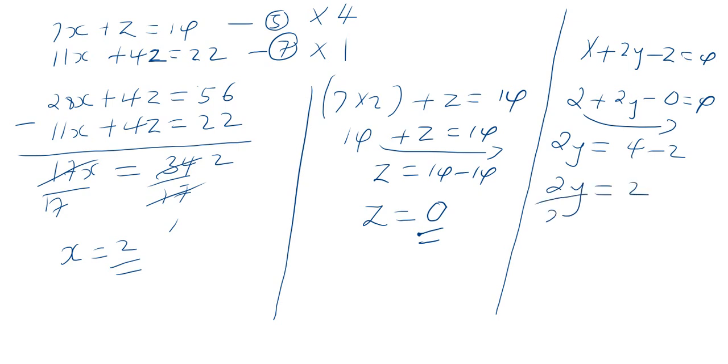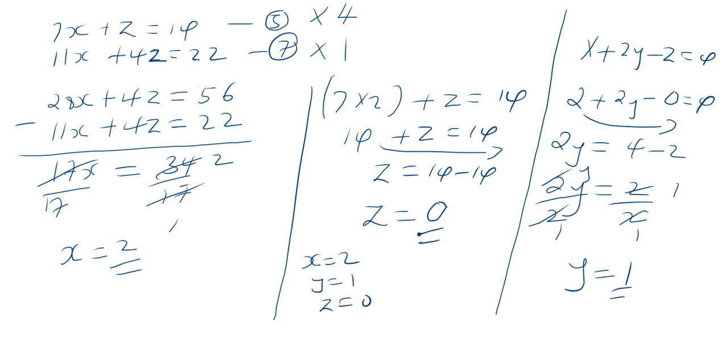When we divide both sides by 2, we get y is 1. So the solutions for our equation is x is 2, y is 1, and z is 0. So those are our solutions.